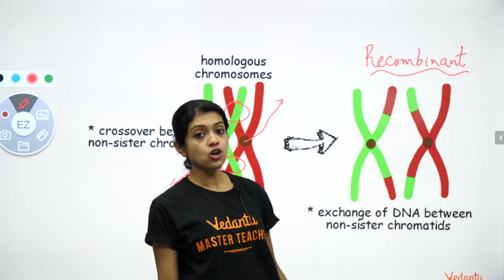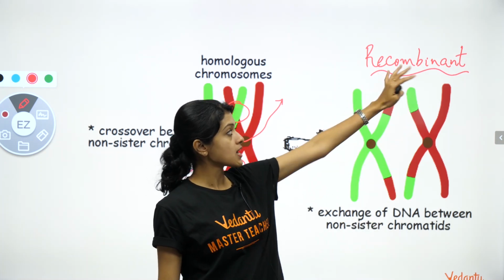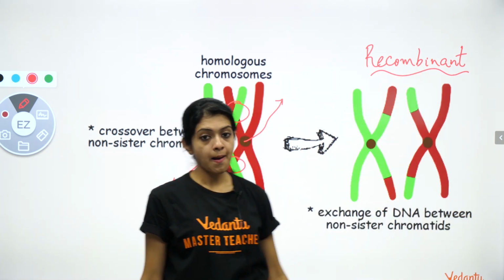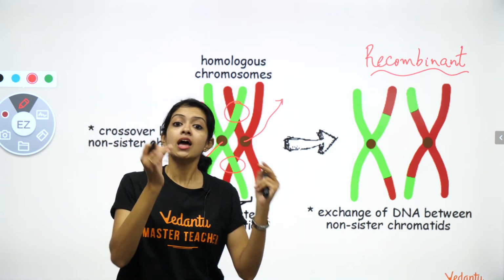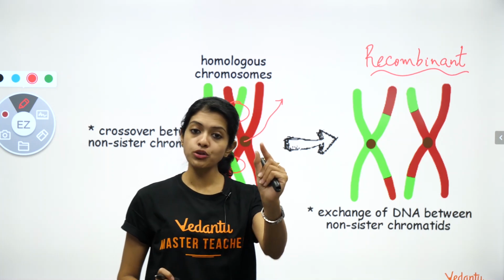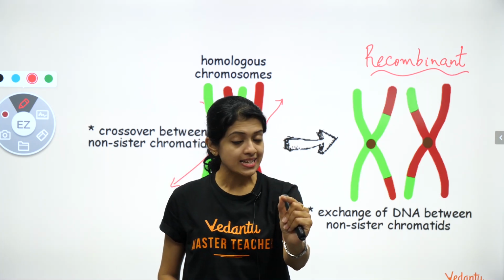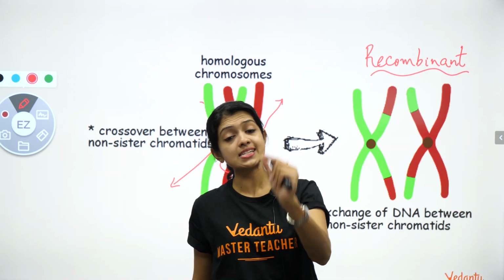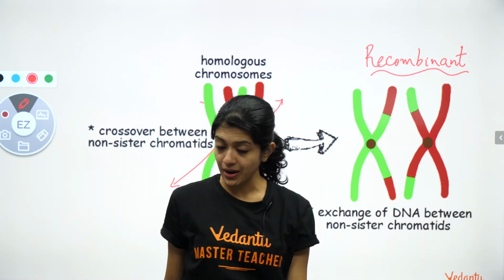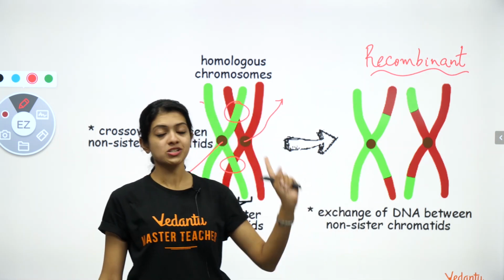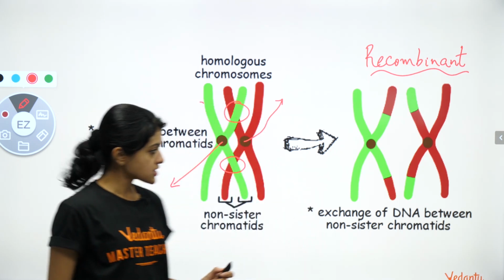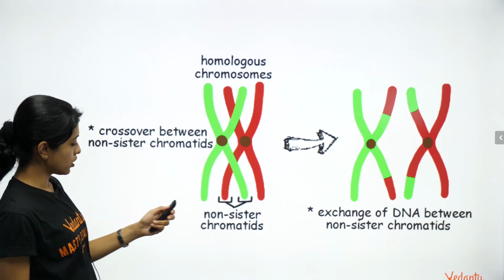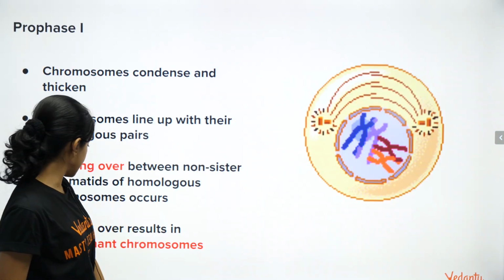The end result of crossing over is called recombinant chromosomes. This process of exchange of genetic material between non-sister chromatids of a pair of homologous chromosomes. Understand, children, pay attention. This is very, very important to understand. This process is called crossing over. Okay, so let us now look at what happens next.